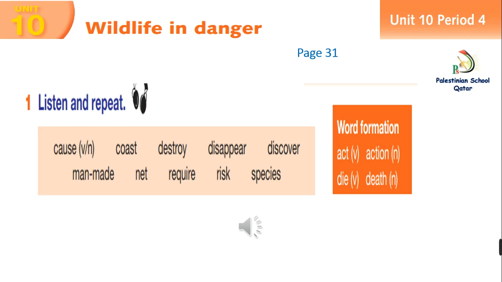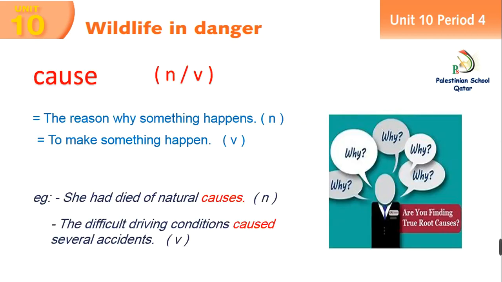Okay, let's come now to the second exercise, and the same exercise, but let us deal with the new words one by one. So the first one is cause. Cause can become a noun and verb.